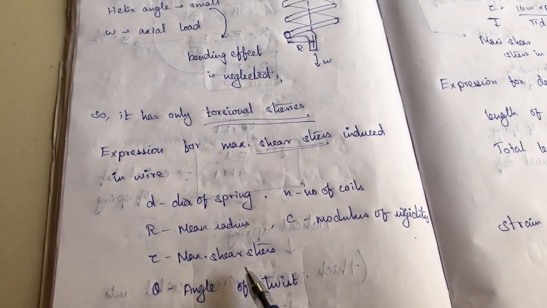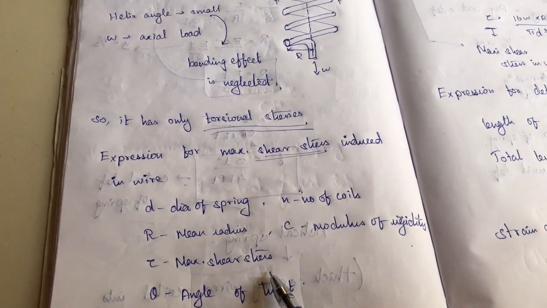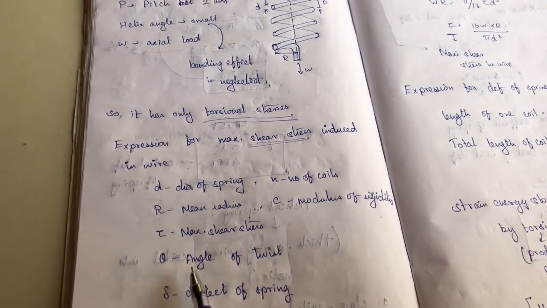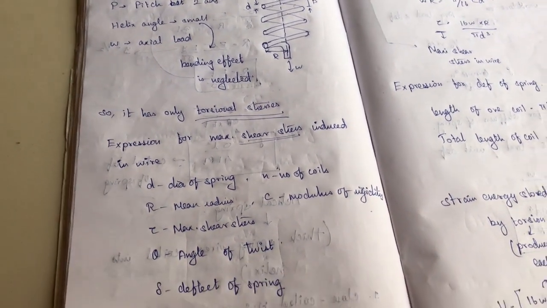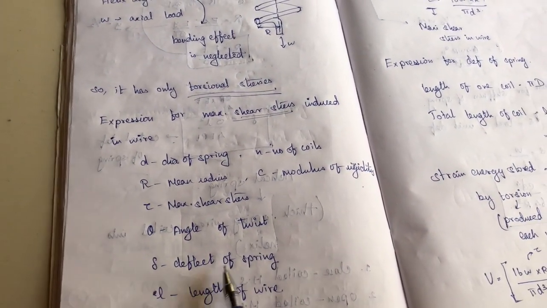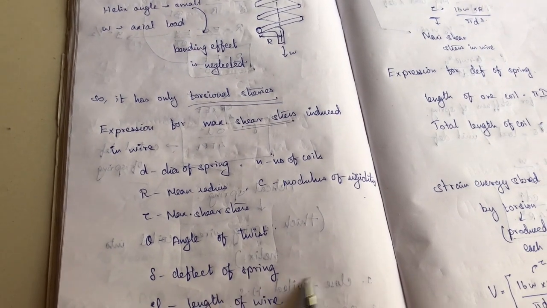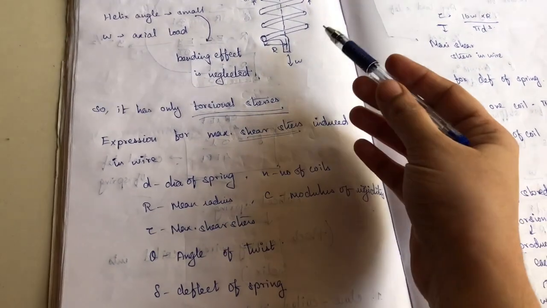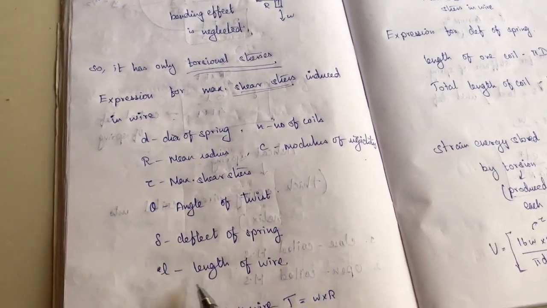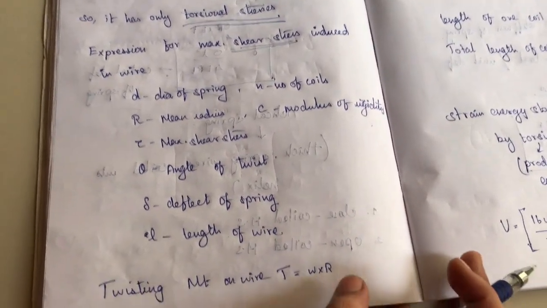Tau is the maximum shear stress, theta is the angle of twist, and del is the deflection of the spring. L is the length of the wire.